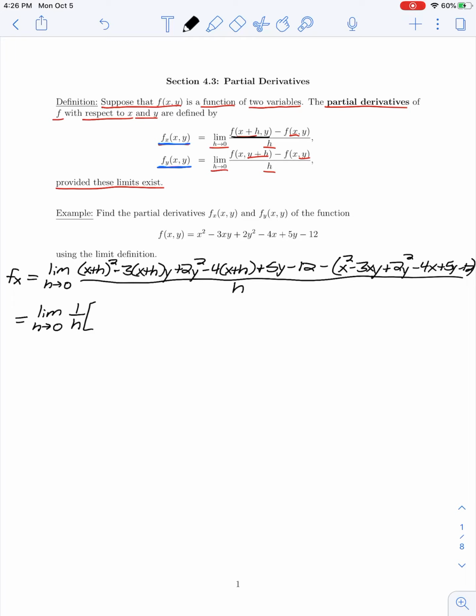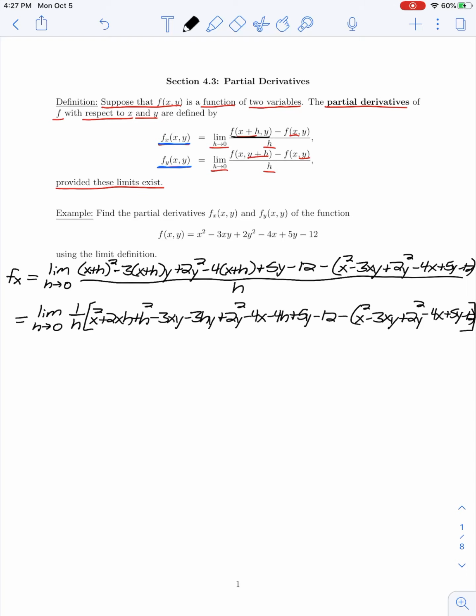Now expanding the expression that we had for f of x plus h, y, we have x squared plus 2xh plus h squared minus 3xy minus 3hy plus 2y squared minus 4x minus 4h plus 5y minus 12. And then we were subtracting f of xy, which is again x squared minus 3xy plus 2y squared minus 4x plus 5y minus 12.